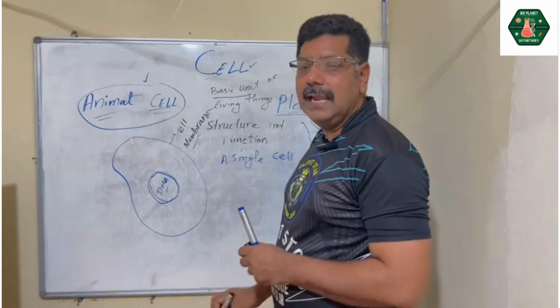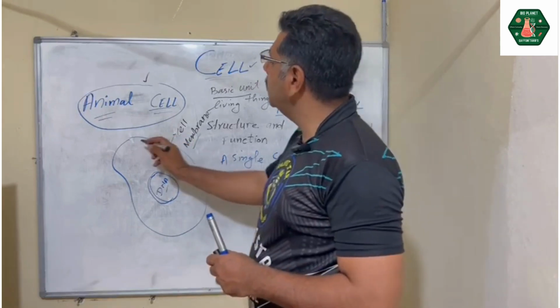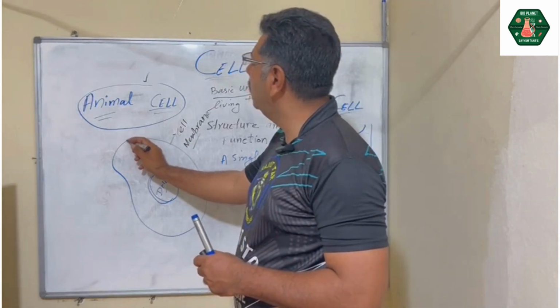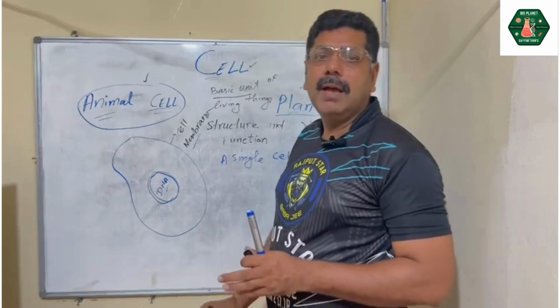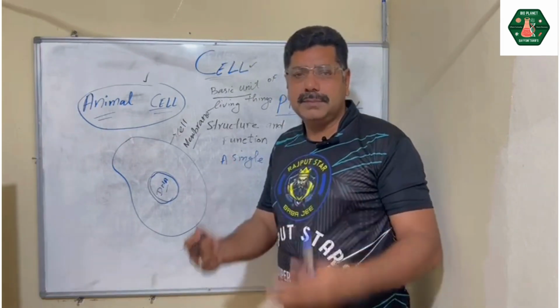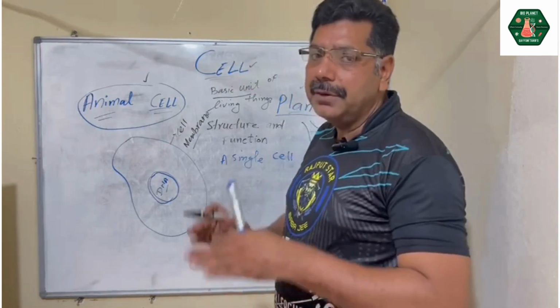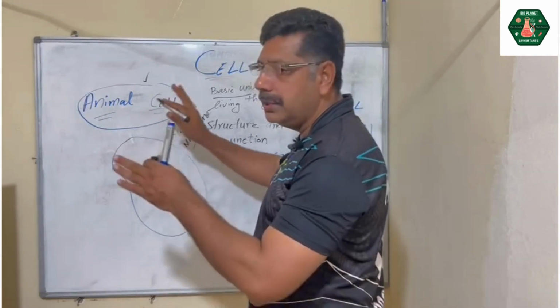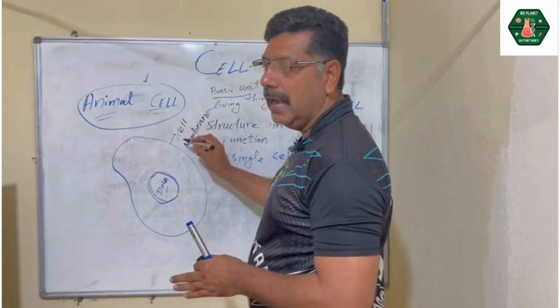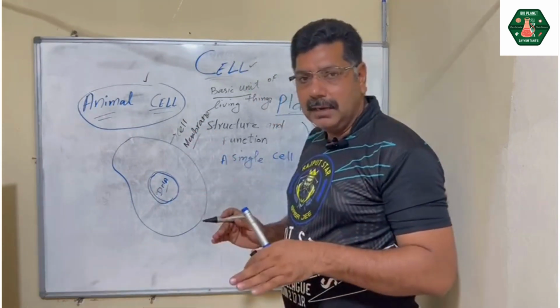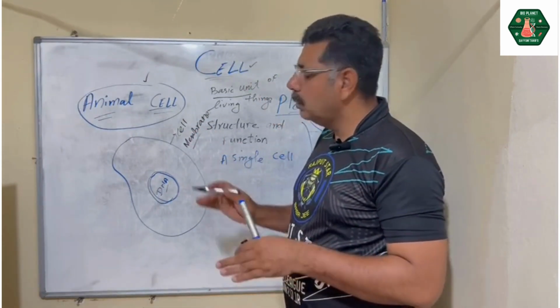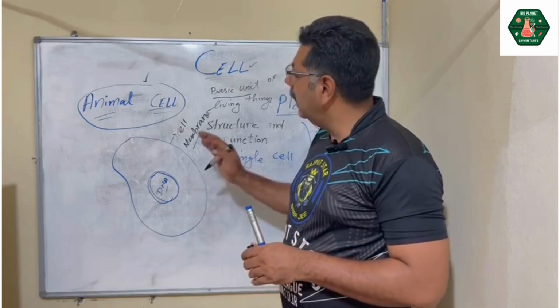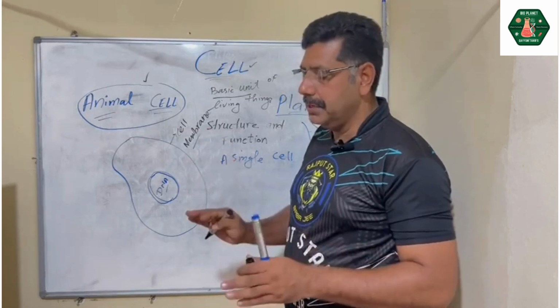This is the cell membrane, which is a selectively permeable membrane, allowing some substances to pass through and restricting others. So it is the outer covering of the cell, and it is flexible. So the shape of the animal cell is not regular.